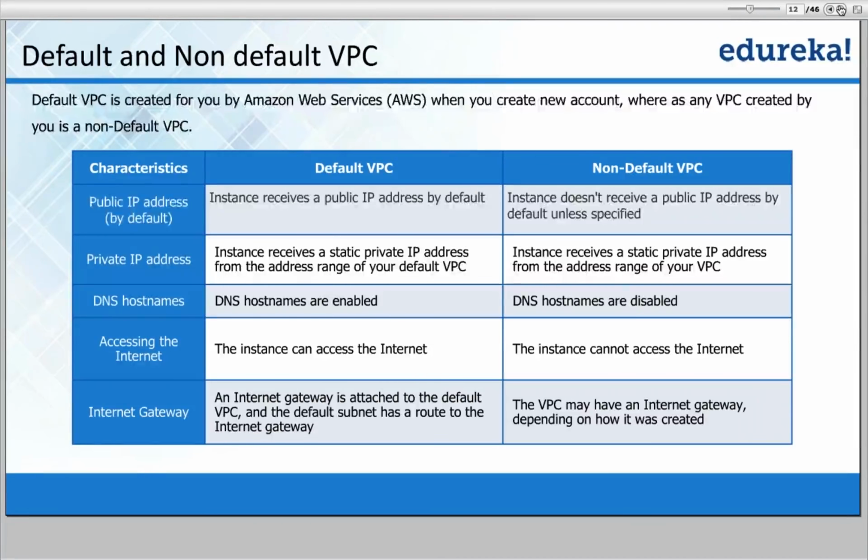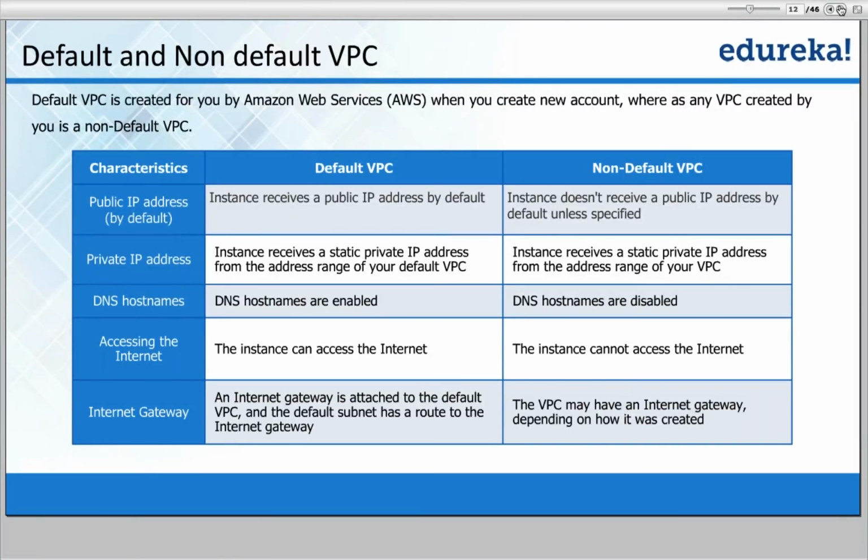Okay, so first of all, there is something called a default VPC, which is what I showed you right at the start of the class. This default VPC is pre-created, a ready-made VPC which is available by default in all AWS accounts. So you can go to any region, and in each region there will be one default VPC.